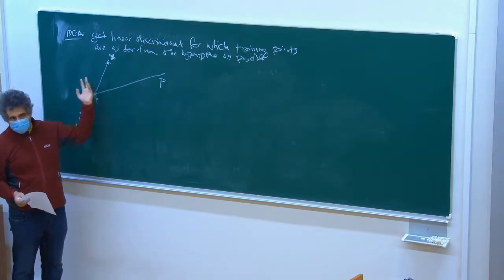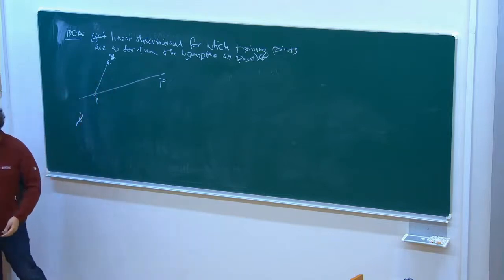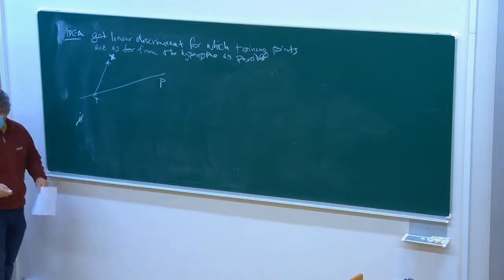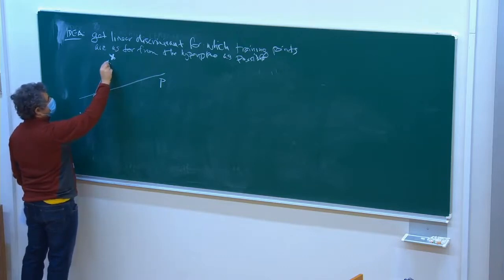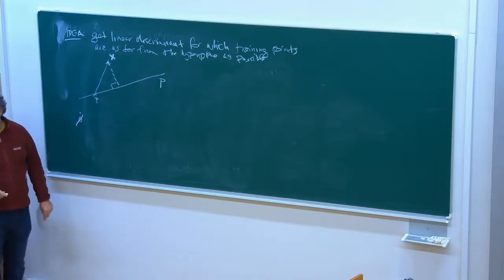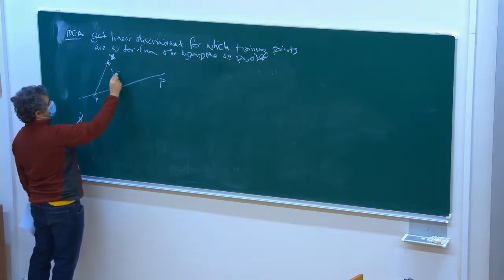So I could compute the distance and then compute derivatives, and I would get the same result. I'm going to show you a geometric interpretation of how to do this. Basically, if you drop a perpendicular line to the hyperplane, then you want this distance d.